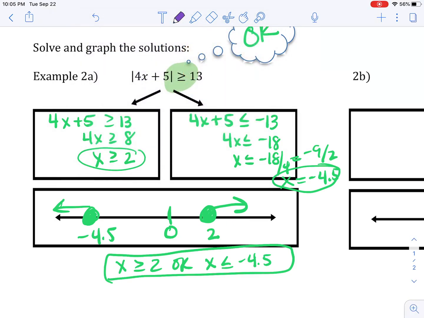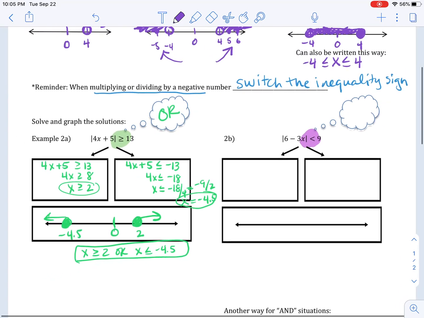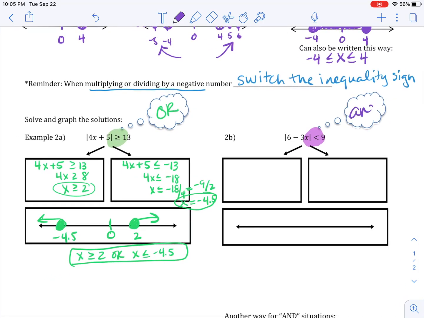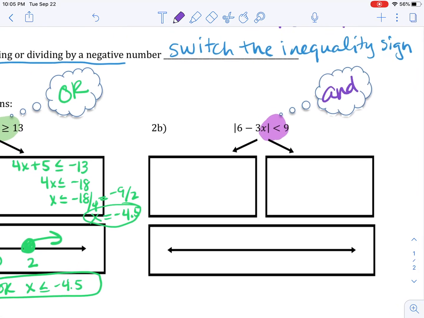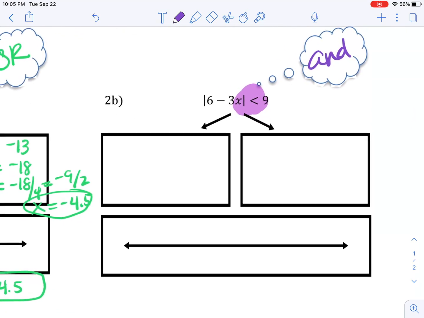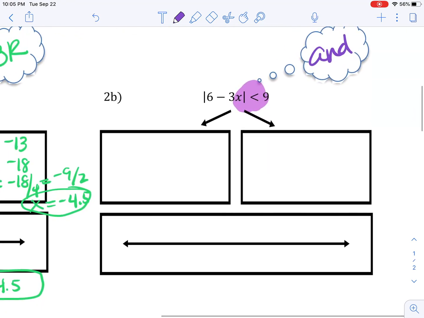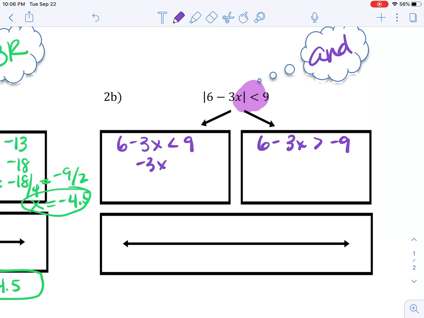All right, for the other one, like I said, this is going to be an "and" situation. When it's pointing to the inequality, that's an "and." Rewrite the whole thing just like you see it, except without the absolute value. Here we go again. Change the sign, make it negative. I'm going to quickly go through this.